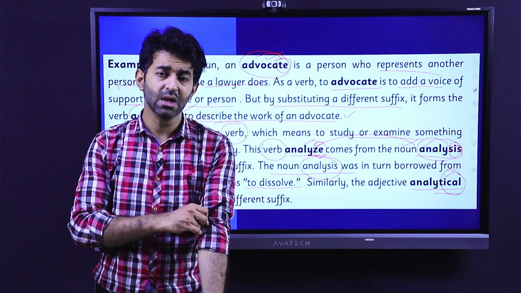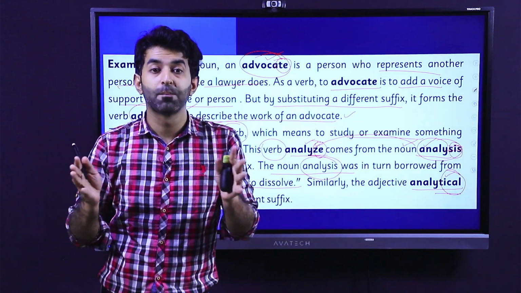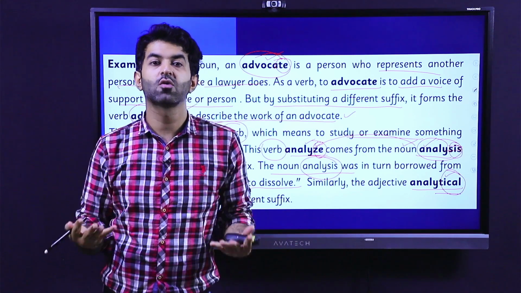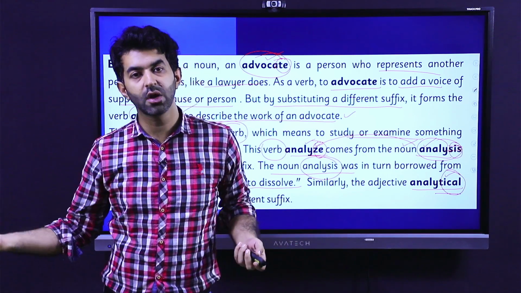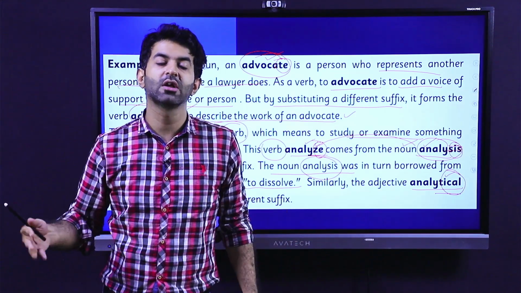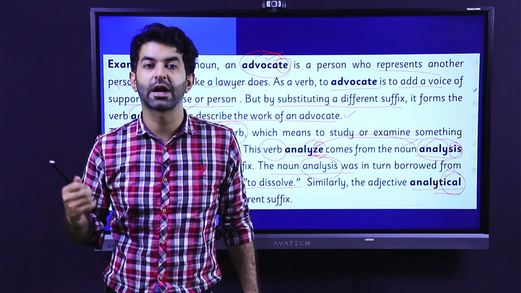So this is how the word pattern works. We play with affixes and our root words to make different words. The root word is the same, but the meaning changes according to the alteration that we do.